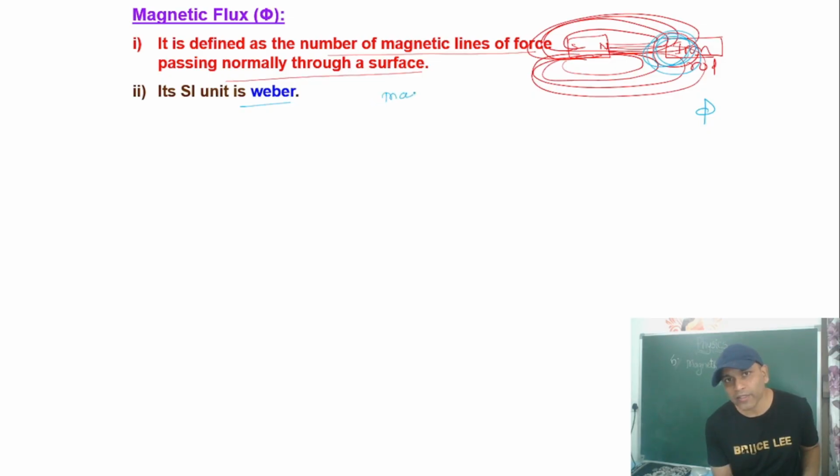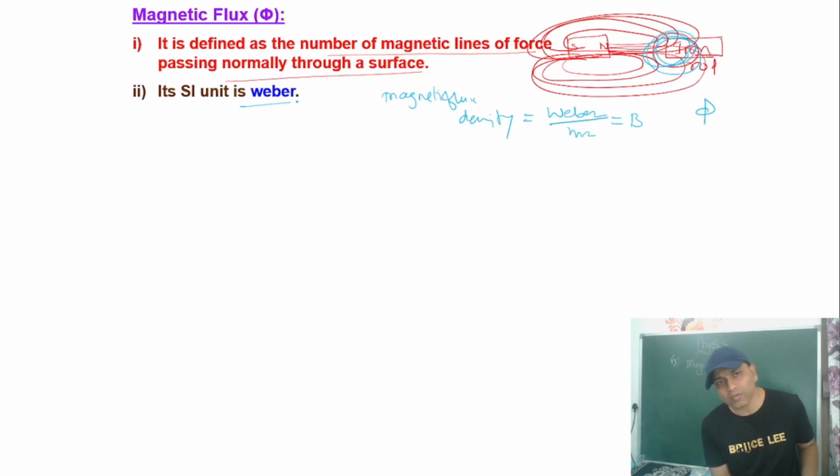Magnetic flux density is represented by Weber per meter square, that is B, and this is magnetic flux.